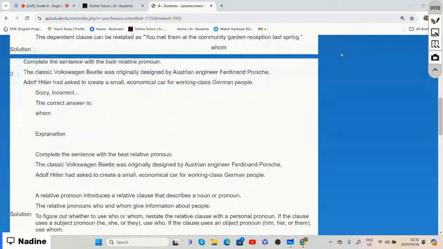The classic Volkswagen Beetle was originally designed by Austrian engineer Ferdinand Porsche. Adolf Hitler had asked to create a small, economical car for working class German people.